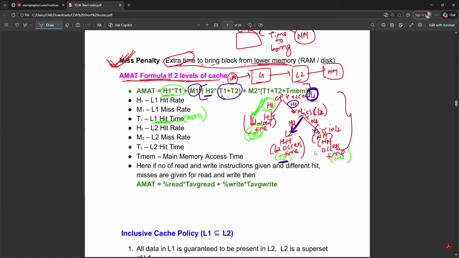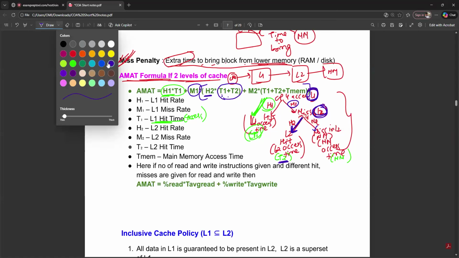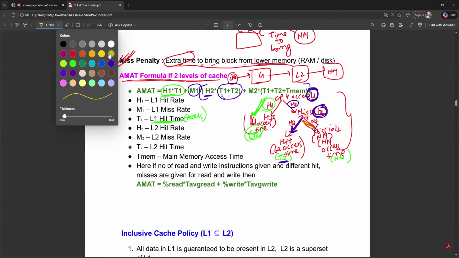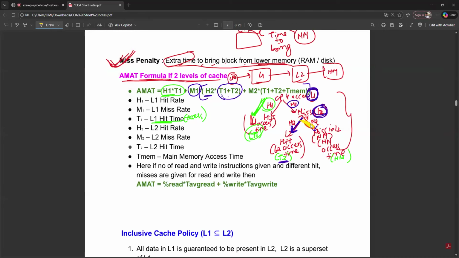So T1 plus T2, because first we access L1, then we access L2, and then we got a hit. Now take the third path, let me take yellow color.